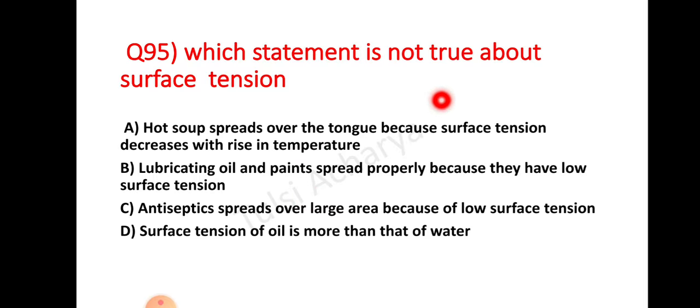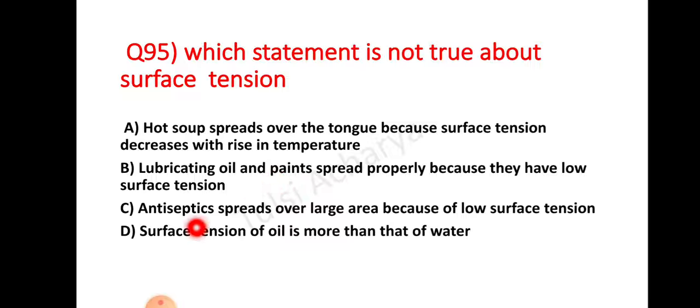Which statement is not true about surface tension? Option choice A, hot soup spreads over the tongue because surface tension decreases with rise in temperature. This is true. We already discussed that surface tension is inversely proportional to the temperature, and if temperature is more, surface tension is less, it spreads over a wide area. Lubricating oil and paints spread properly because they have low surface tension.